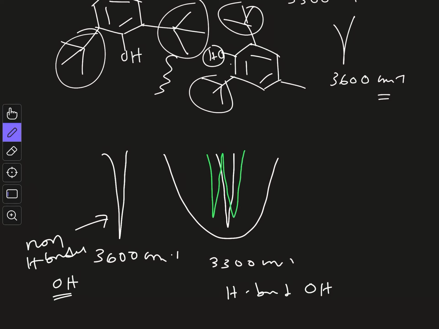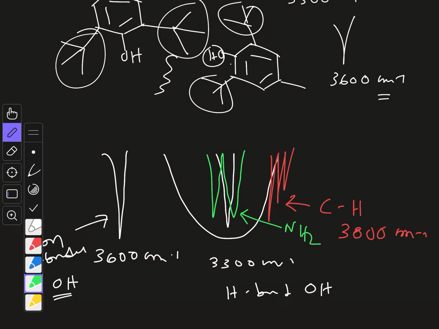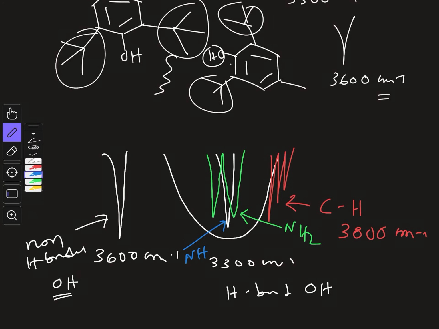For the CH you will have these peaks around here, around 3000 centimeter inverse. So this is for NH2, and this one is for NH. So this is the region, and another one which I didn't explain, I will do that.